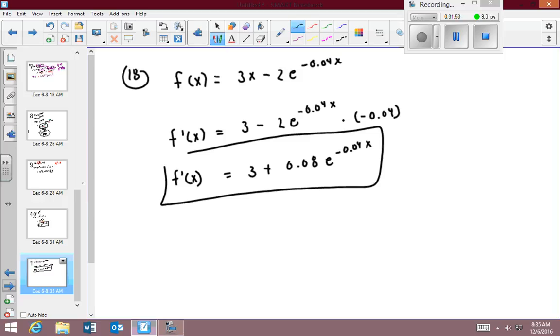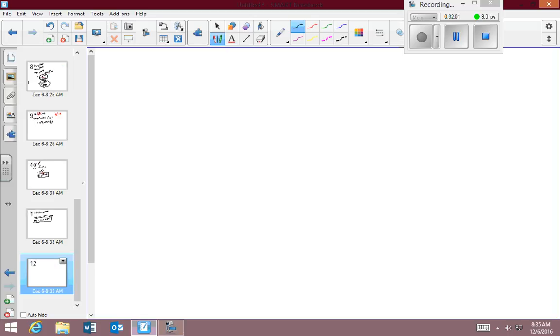21 through 24 said use implicit differentiation to find y prime. It's 7x squared y plus e to the 4xy squared equals 1.